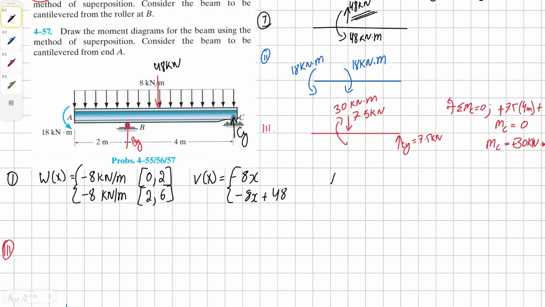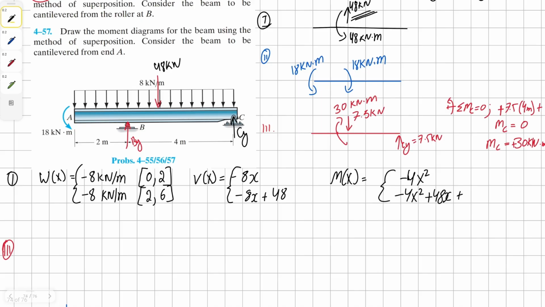And then if we take another integral of our shear, we're going to have our moment equation, which in this case is going to be negative 4x squared, and our constant is again 0 for a moment. We're just going to begin from 0 for our first free body diagram, point to be noted here. And then for the second half it is going to be negative 4x squared plus 48x plus the constant.